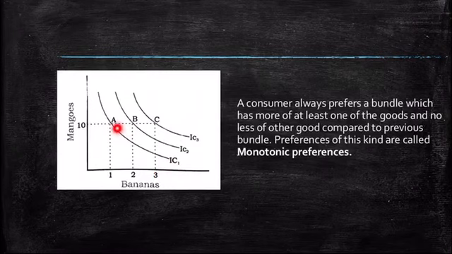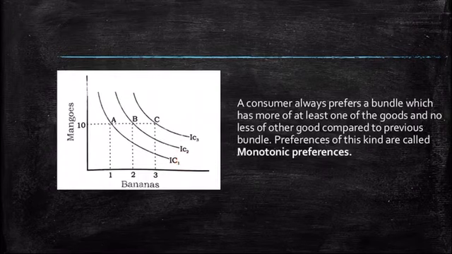But while he was moving from A to B, he was getting 10 units of mangoes, but without sacrificing any units of mangoes, he earned 1 extra unit of banana. As a result, his satisfaction increased, making him move from the lower indifference curve IC1 to the higher indifference curve IC2.